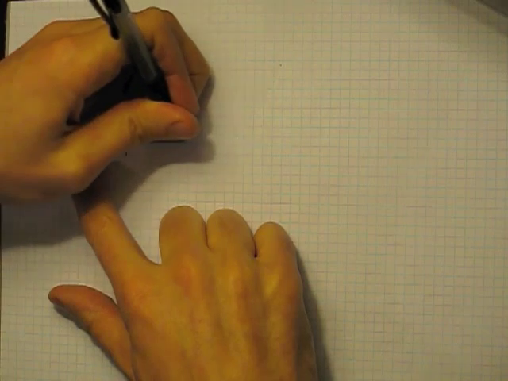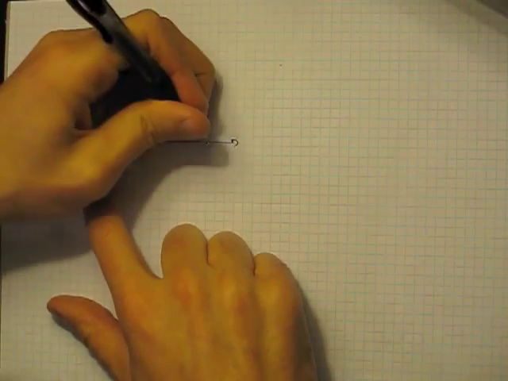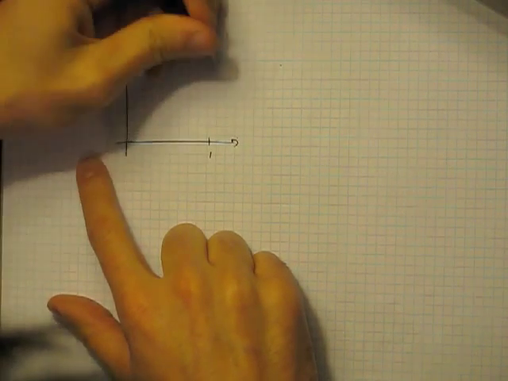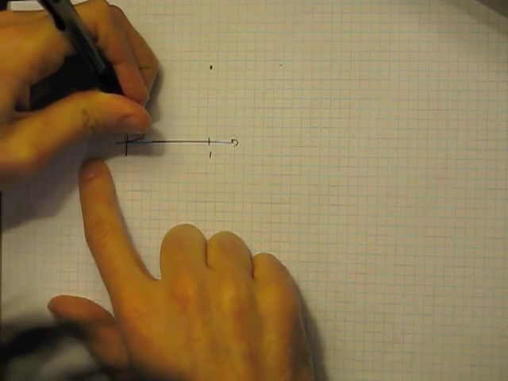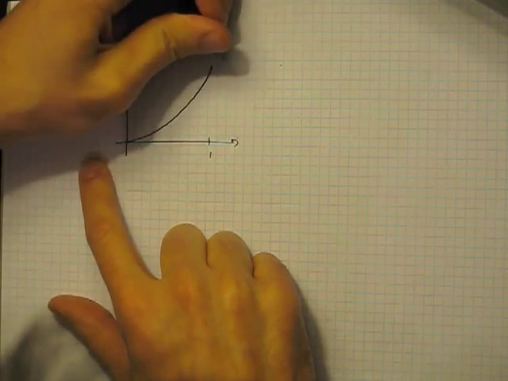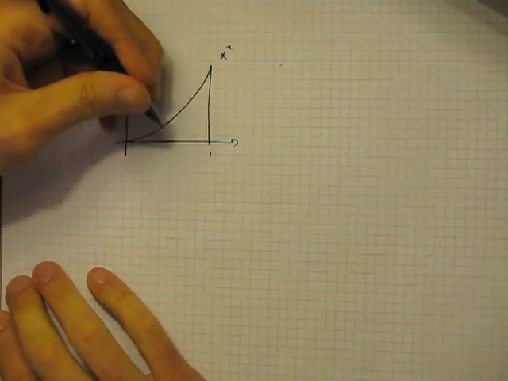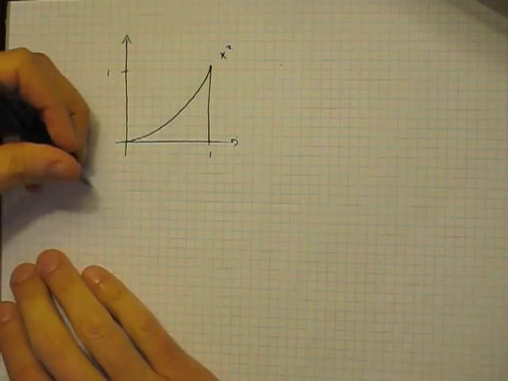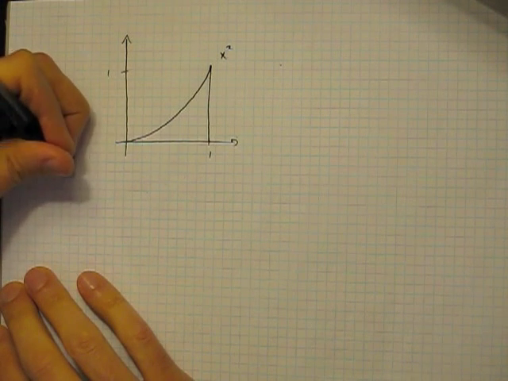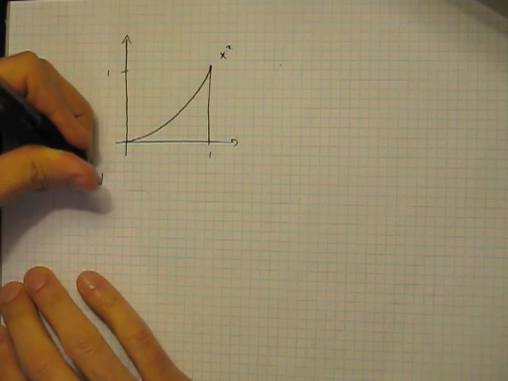So here's our picture. I'm going to try to do it a little bit smaller here. 1, 1. We have the graph of x squared again. And we're trying to find this area. Okay. So here's our general procedure for this. Divide. This is our procedure.